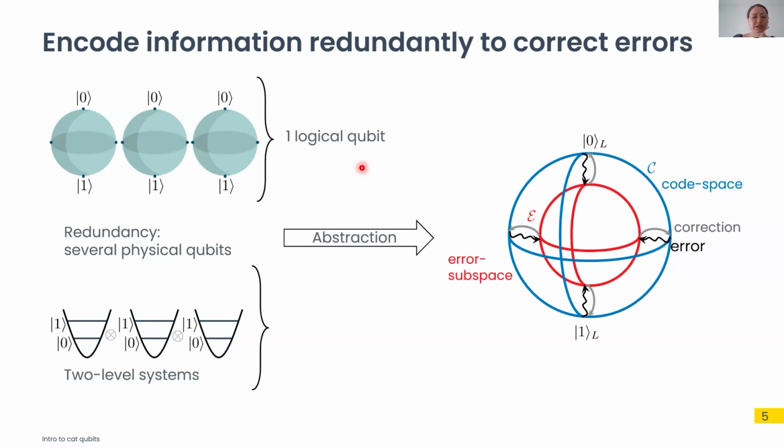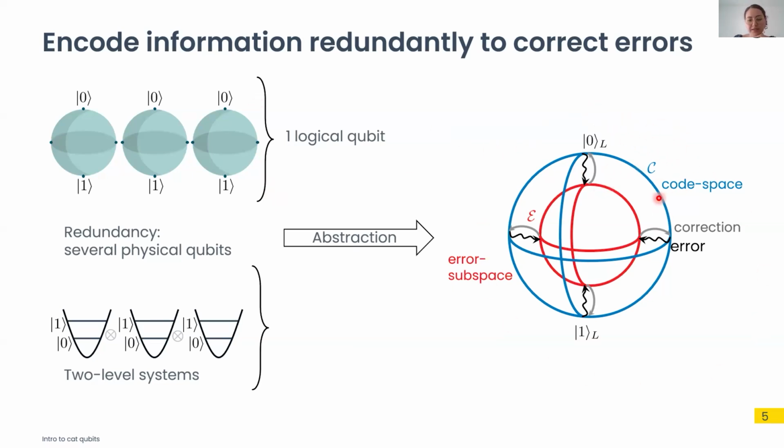And what we're trying to do here is we're trying to make the Hilbert space larger, bigger than just two-level systems. And we use these extra degrees of freedom in order to do quantum error correction. So the abstraction of this is that now we have this logical state 0, logical 1 of this whole logical qubit comprising several physical qubits.